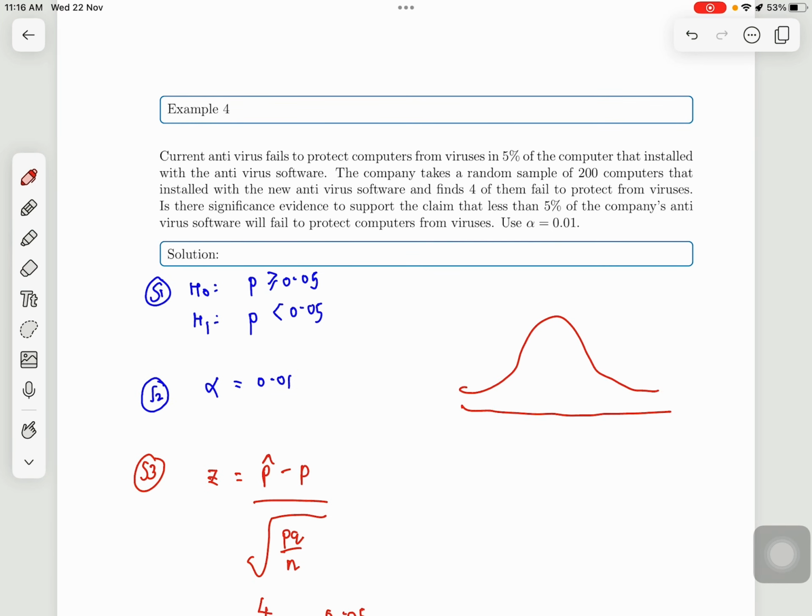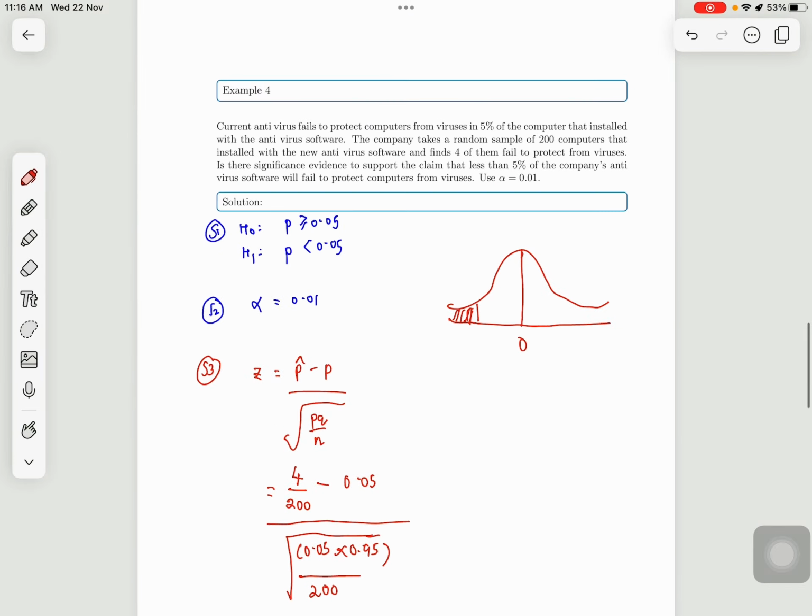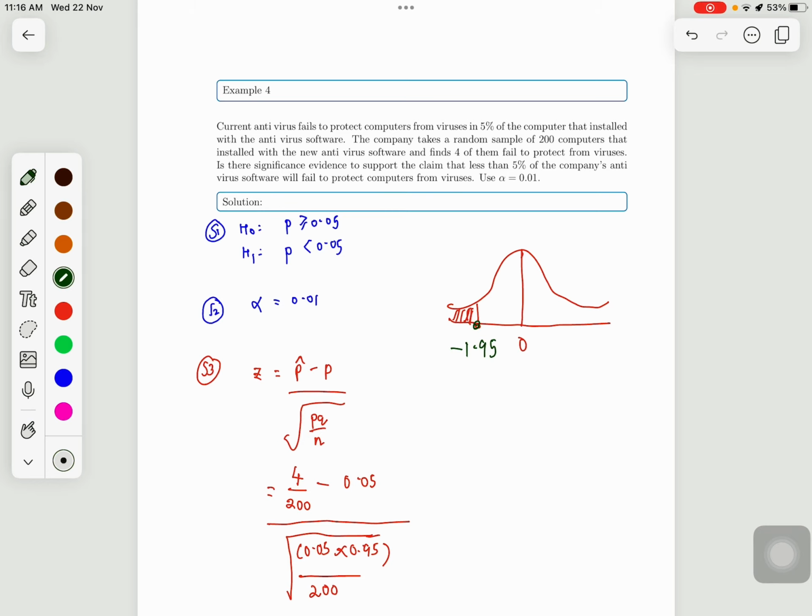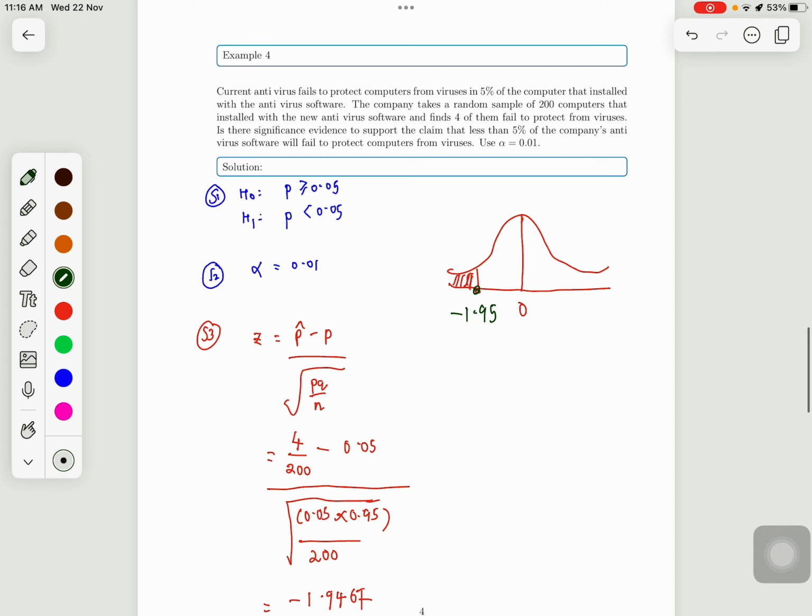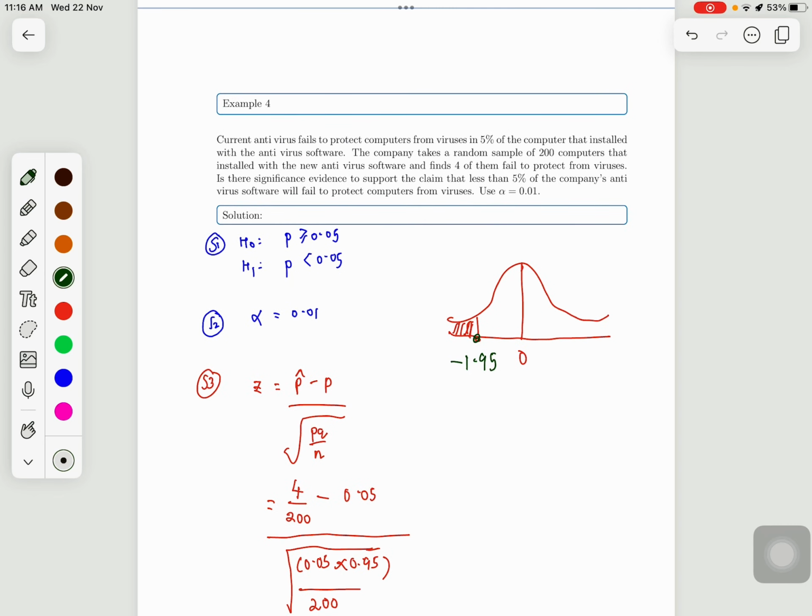Since it is a left tail test here, here is 0 and our critical value is negative. So I change it to negative 1.95. So what is this area?